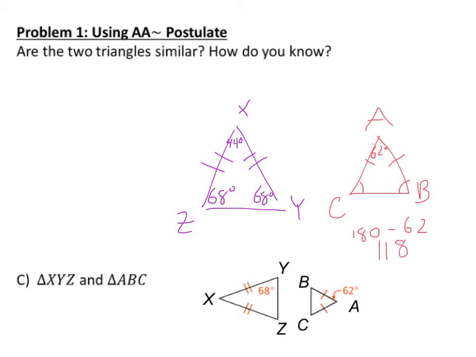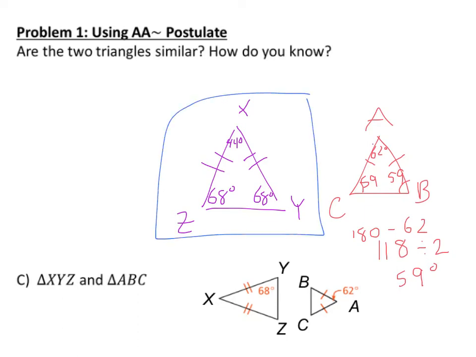Then if we divide that by 2, each of those base angles has to be 59 degrees. If we look back at our other triangle, none of these angles match these angles over here, so no, these two triangles are not similar.